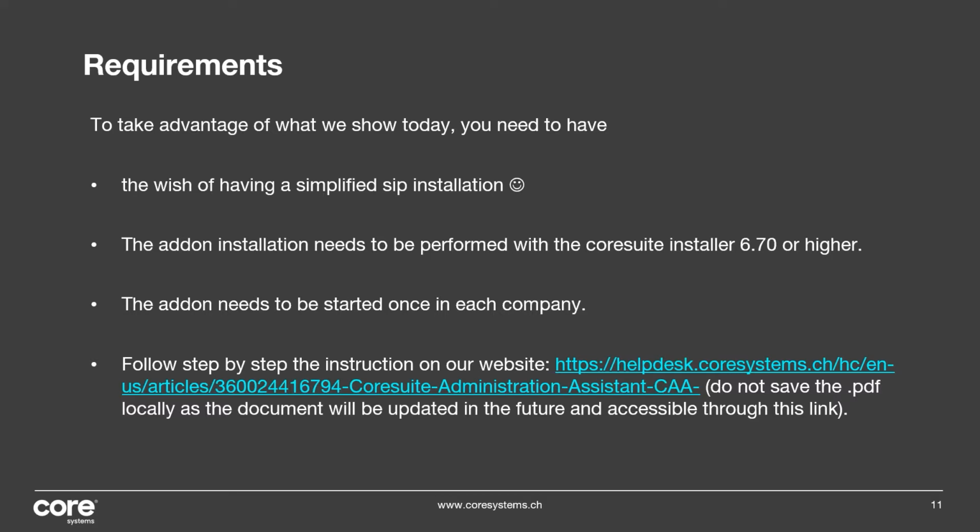In order to use it, it is important that the installer in place is at least version 670 or higher. You also need to start the add-on at least once in each company when you have multiple databases. We do have a step-by-step instruction on our website. We will come to that point right away, so you will also see which information you can find there.